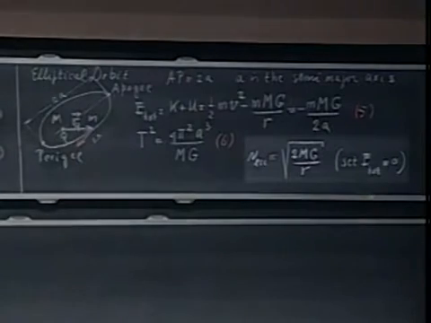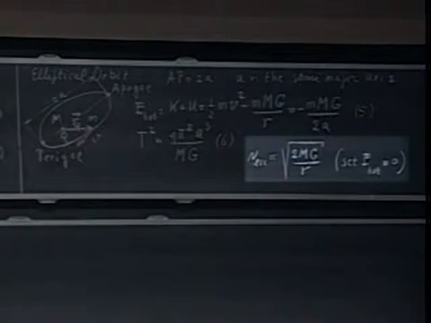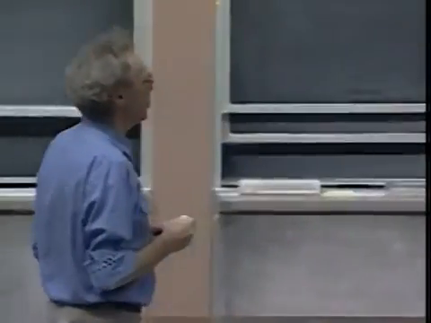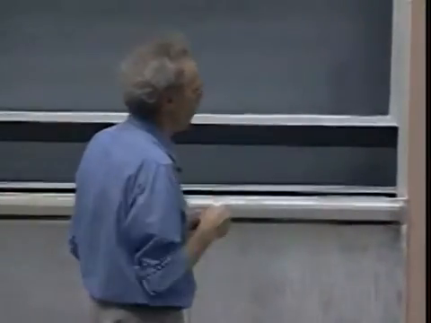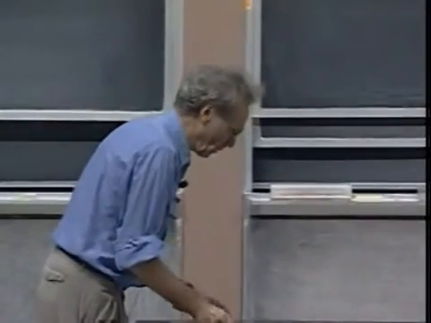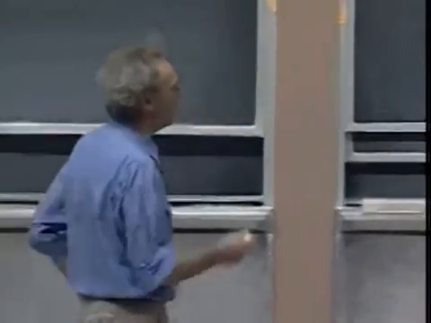All you do is you make the total energy 0, and then you solve equation 3 and equation 5, and out pops the speed that you need to make it all the way out to infinity. And that is, in the case of the circular orbit, square root of 2 times the speed in orbit. So these are the numbers that we're going to use today, the equations.